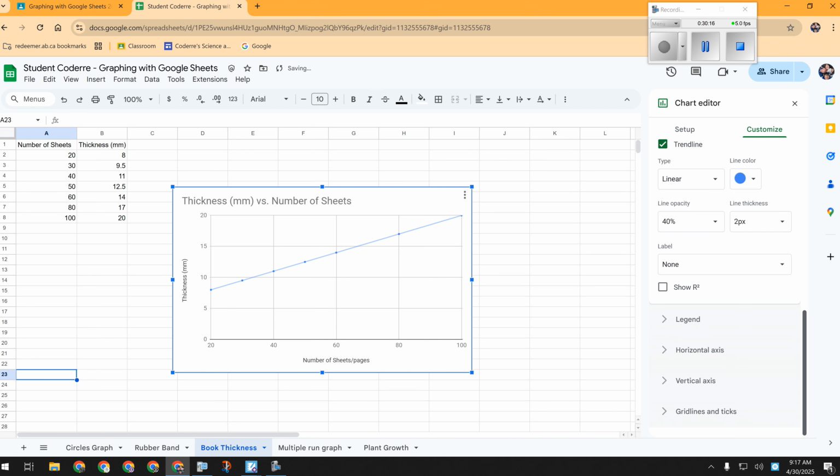Okay. All right, so down here for label, we click where it says none, but we want it to show the equation. So if we click on use equation, it'll put up here this little legend or whatever. And it just goes 0.15 times x plus 5.